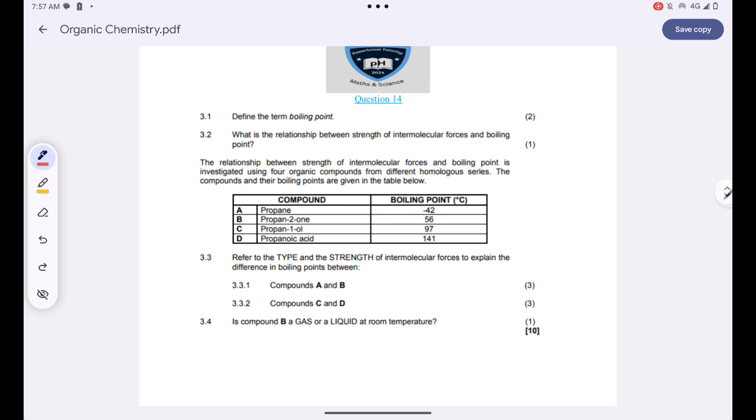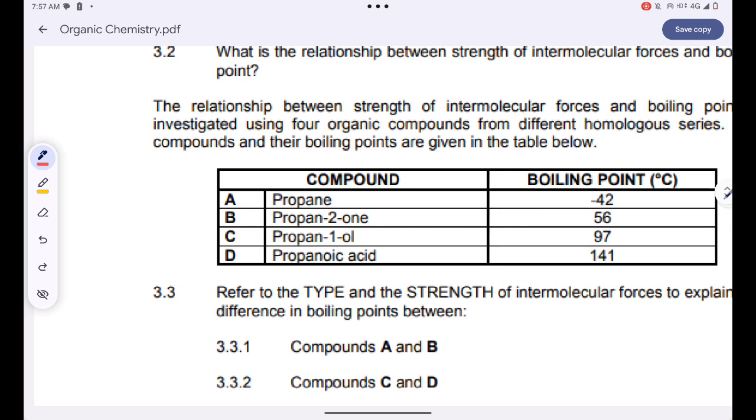Okay, we have compound A. Compound A is an alkane, and the types of intermolecular forces that exist in alkanes are called London forces, the weak van der Waals forces. And then we also have propan-2-one. Propan-2-one is a ketone. The type of forces that exist within a ketone are called dipole-dipole forces.